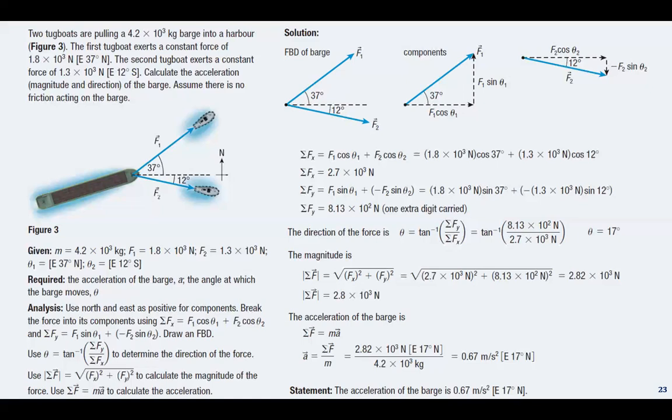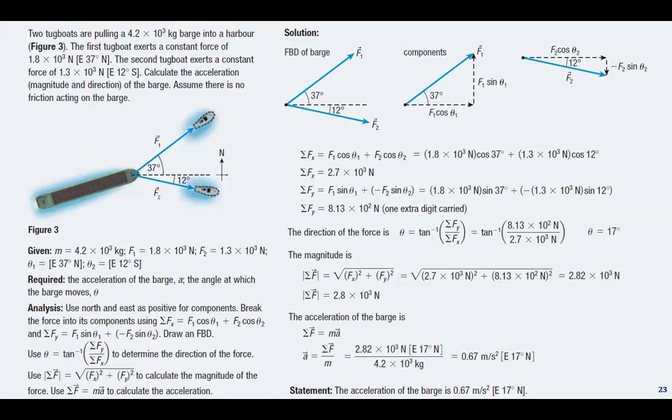So we can draw the FBDs here as shown in these three graphs. Then we can resolve the two forces in the x and y axes. You can find sigma Fx equals 2.7 times 10 raised to the power of 3 newtons, and sigma Fy equals 8.13 times 10 raised to the power of 2 newtons.